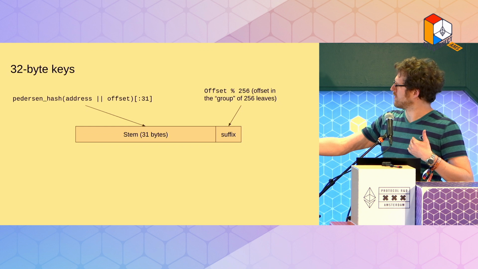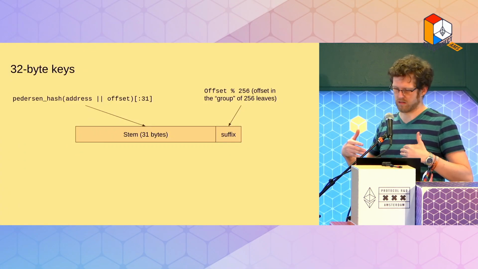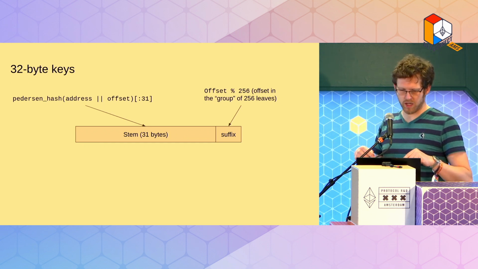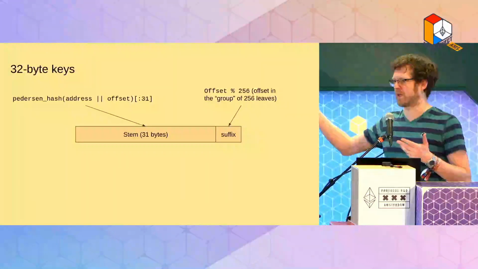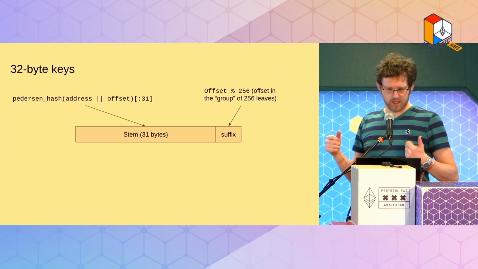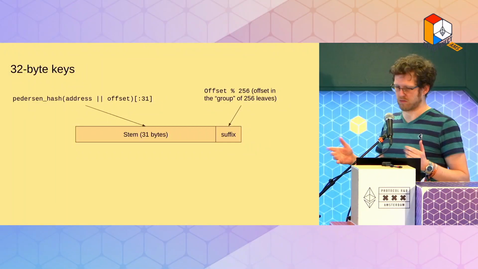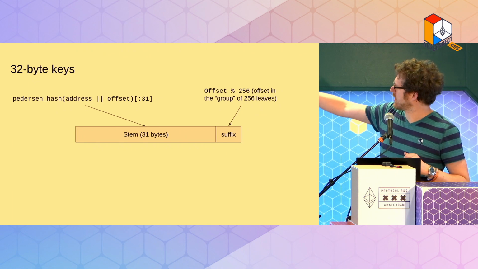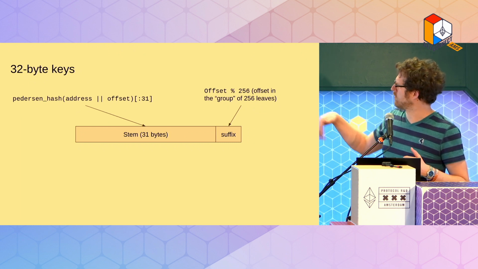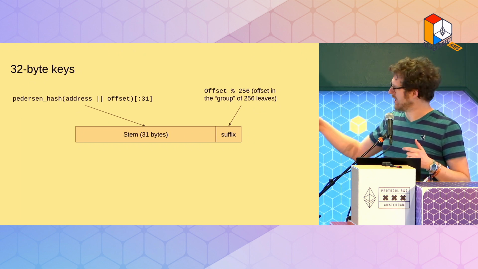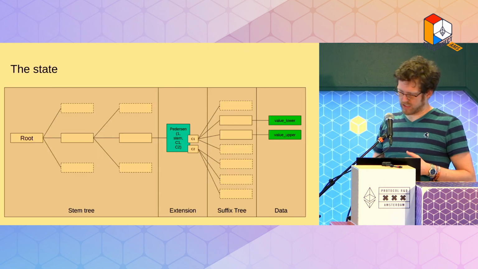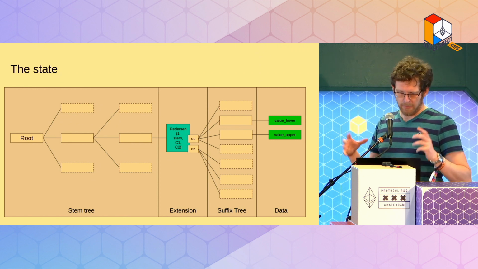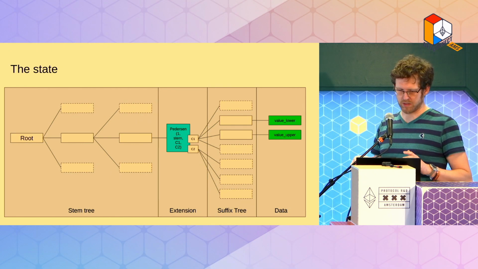Then a bit later, you have the code, and then you have the storage data. So you know which slot you have, which code chunk you have. You hash it using a Pedersen hash. It's like a hash, but a bit more sophisticated and easier to translate into ZK SNARKs. Then you take the last byte of the offset verbatim, and you can index into that group. That gives a tree structure that is a bit scary at first, but it's quite simple once you understand the basic principle.